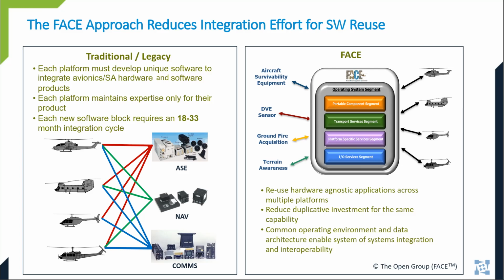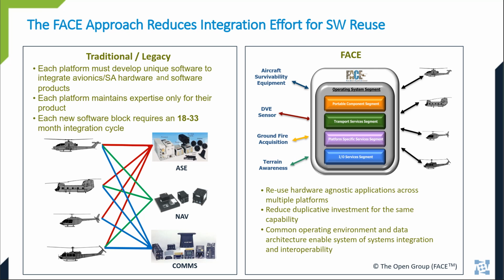The traditional approach is to develop unique software and hardware to integrate these avionics components into those platforms. This typically can take 18 to 33 months. Now, on the right, we see the use of a common operating environment to enable reuse and interoperability across multiple platforms. Hopefully, this visual puts it in perspective, but as you can imagine, the savings are huge.